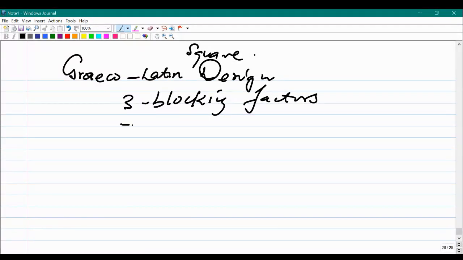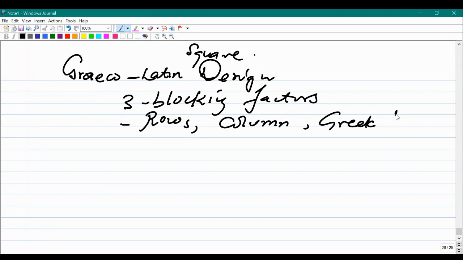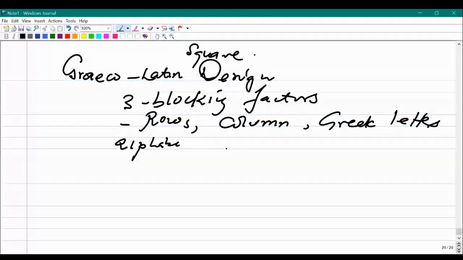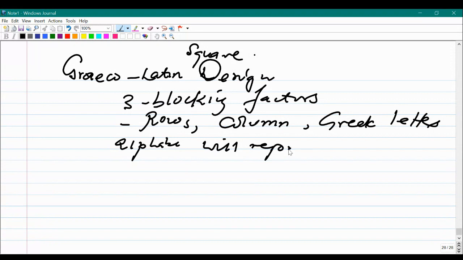I indicated yesterday what these are: still rows, columns, and Greek letters, and then the alphabets will represent the treatments. So that is the only difference.